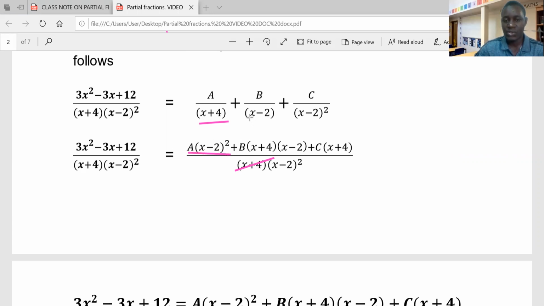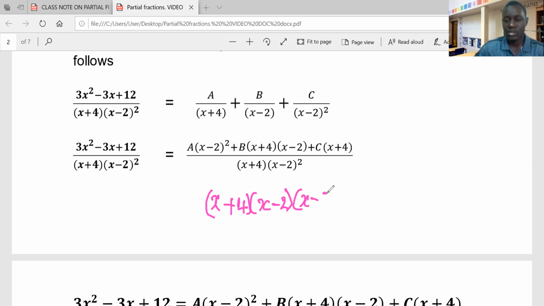If we use the denominator of the b to divide through our LCM, we strike out one part of this. Let me write it out. This would have been x plus 4 times x minus 2, then times another x minus 2.